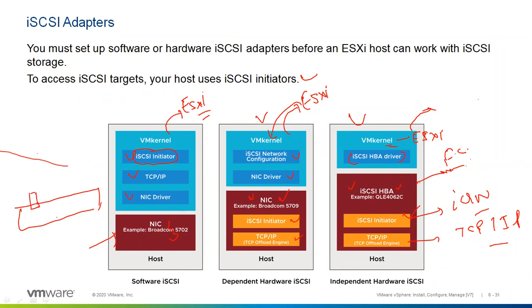What you need to do is first create an iSCSI VM kernel port, because this VM kernel port will act as an iSCSI port. To this iSCSI VM kernel port, you will assign an IP address, and this will be mapped to your network interface card.